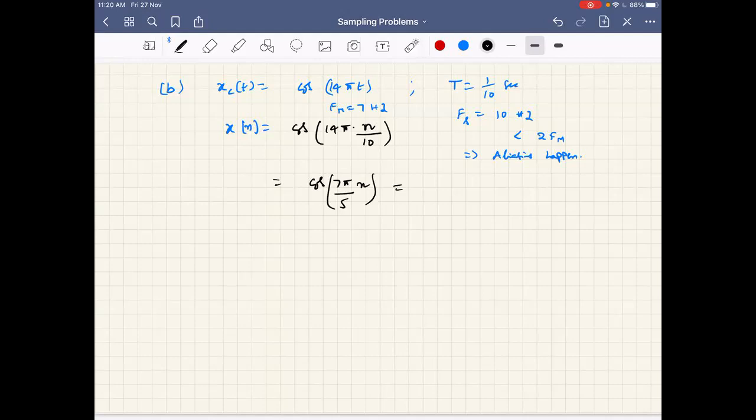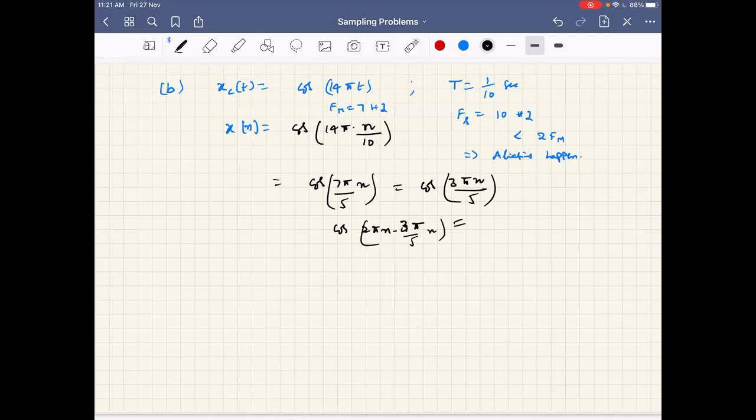This is exactly equal to cos of 2 pi n minus 3 pi by 5 n.